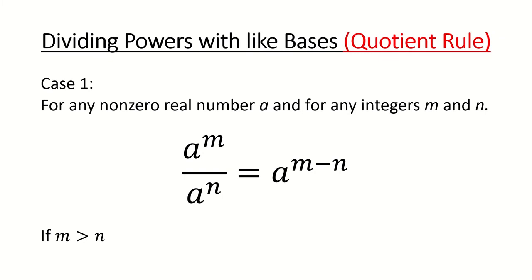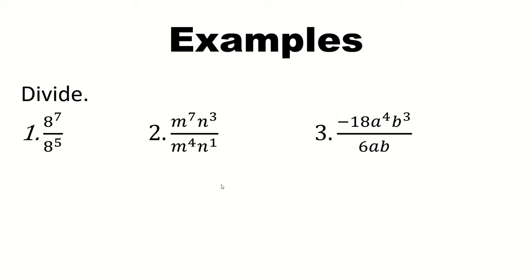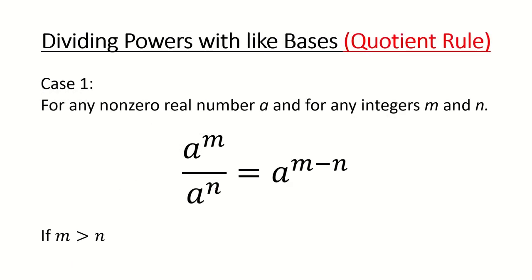What we do is we just copy the common base, which is a for now, and then we subtract our exponents. So if our exponent here is m and we have an n as an exponent in the denominator, we simply subtract them.